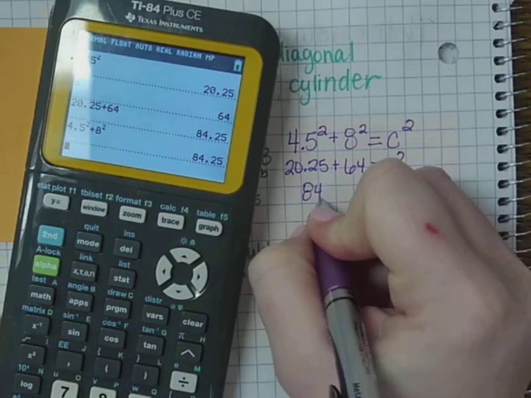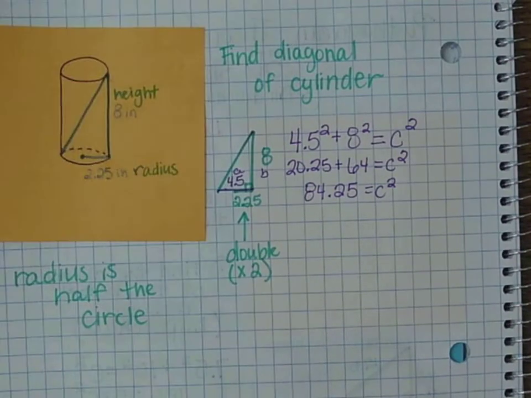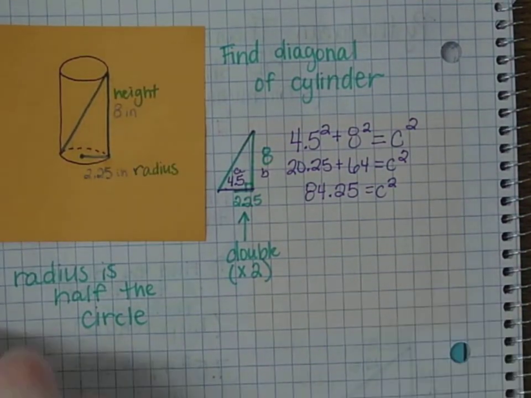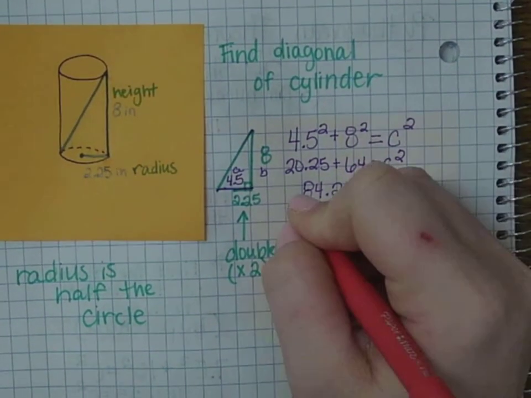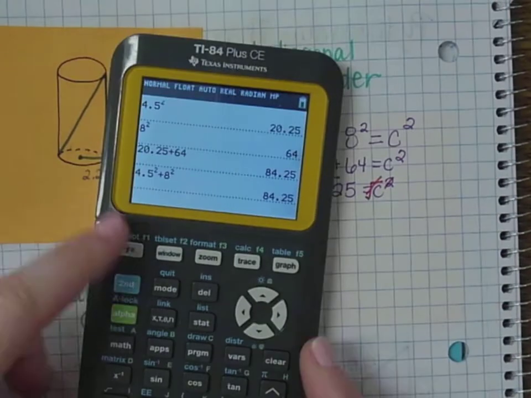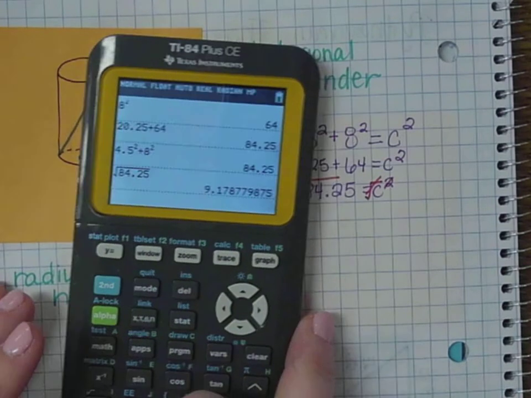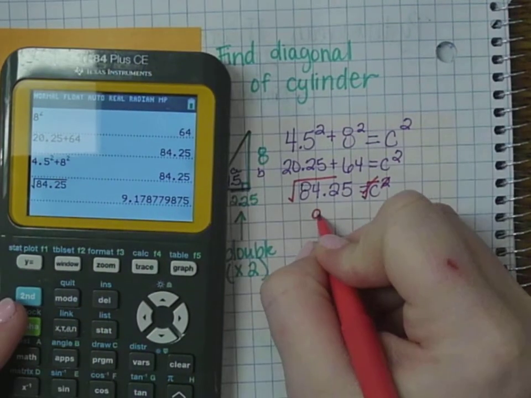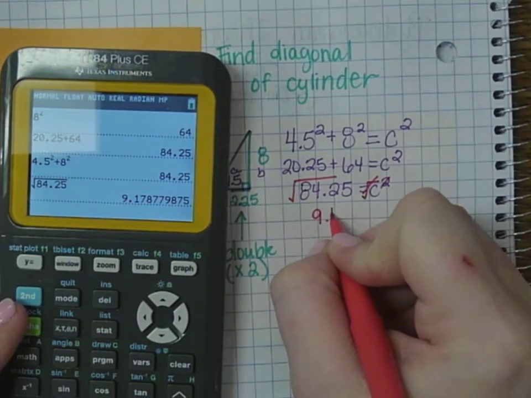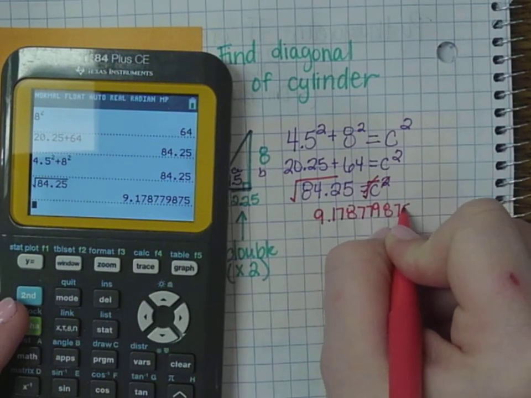So 84.25 equals C squared. Take the square root. So the square root of 84.25 is 9.178779875.